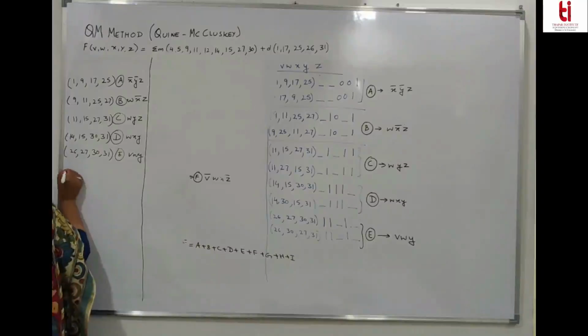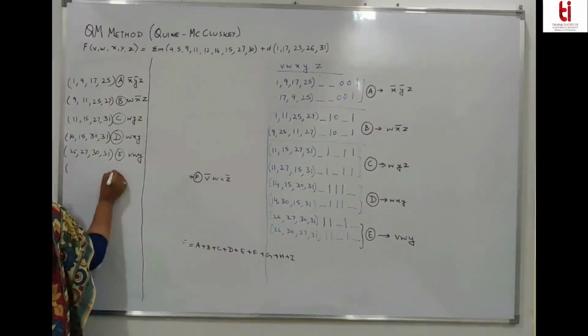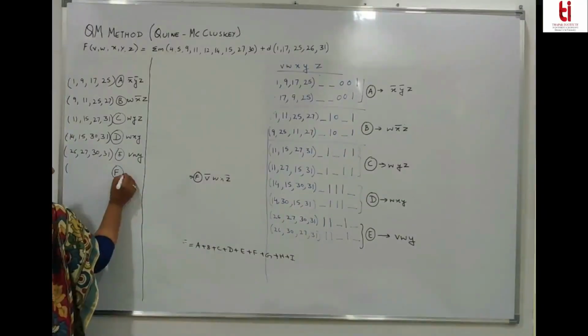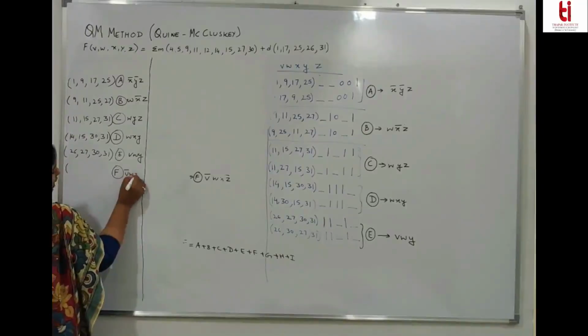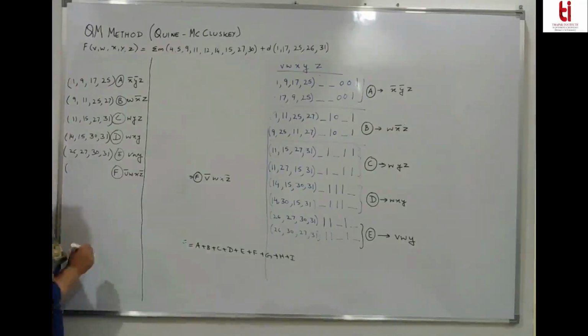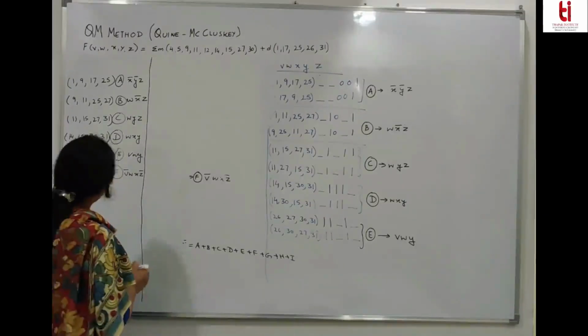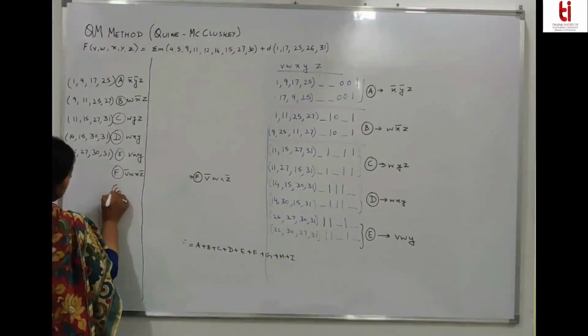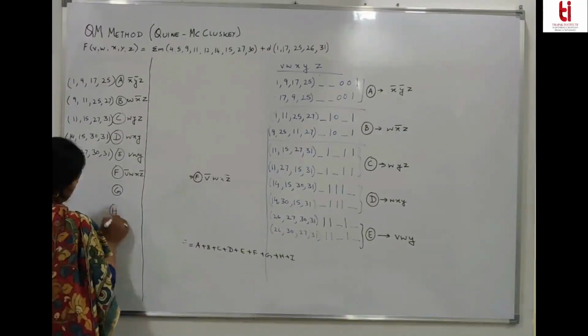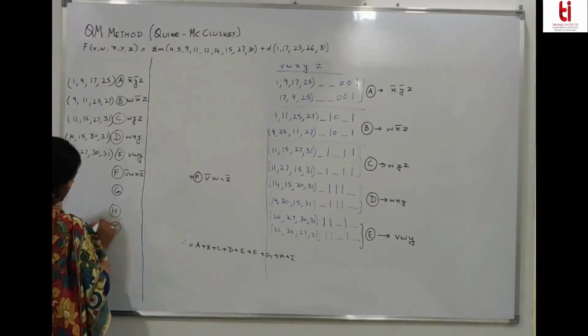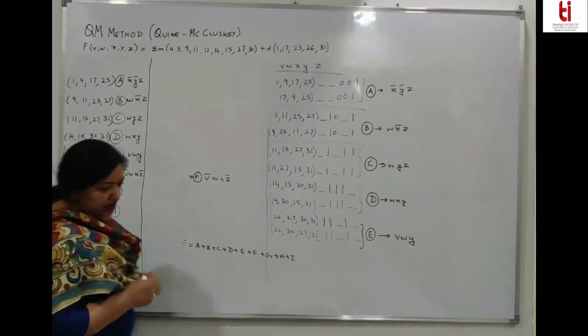Then we have F. Actually, it's V bar, W, X, Z bar. What was F? F, G, H, I. I want to write 6 more terms. Yes, write it.